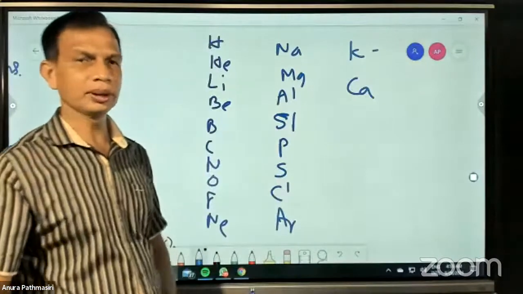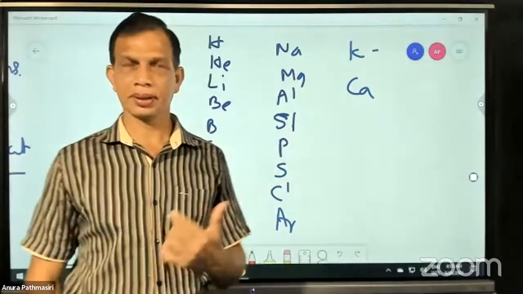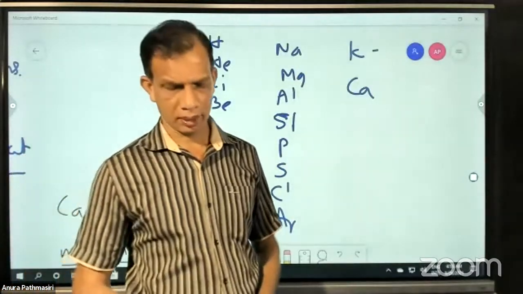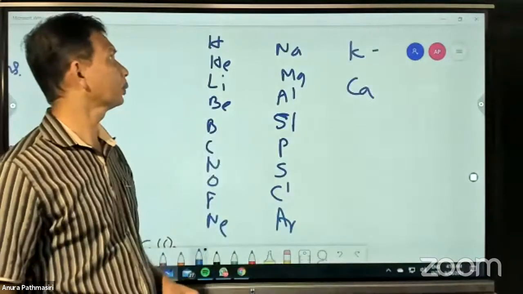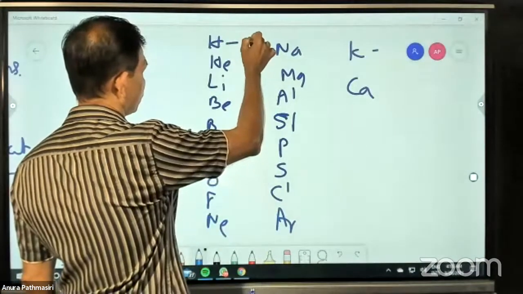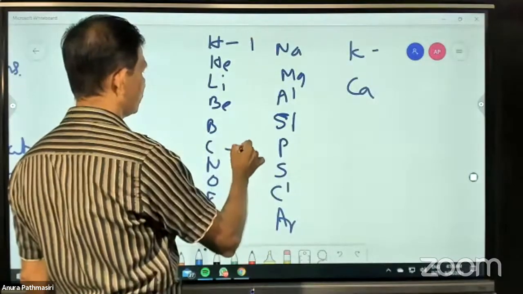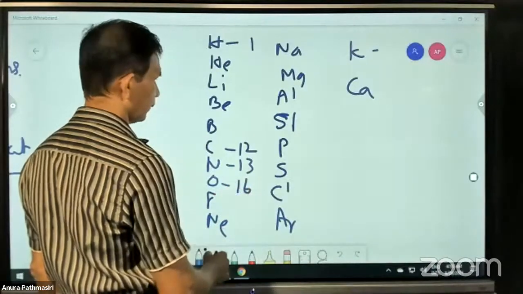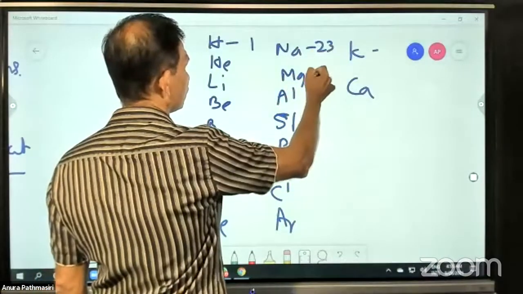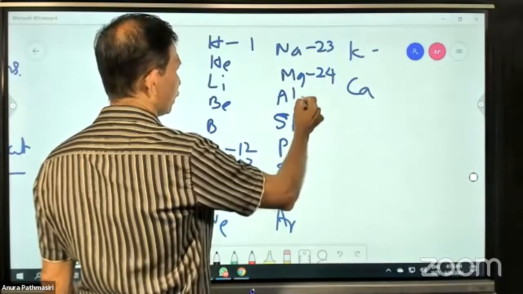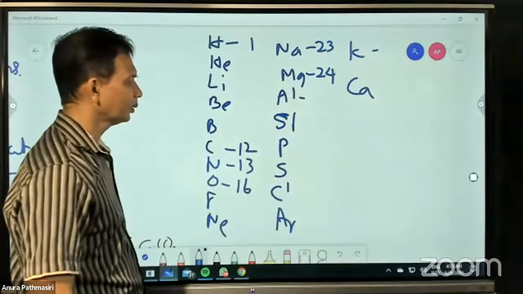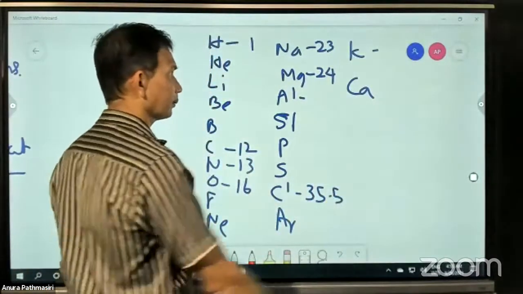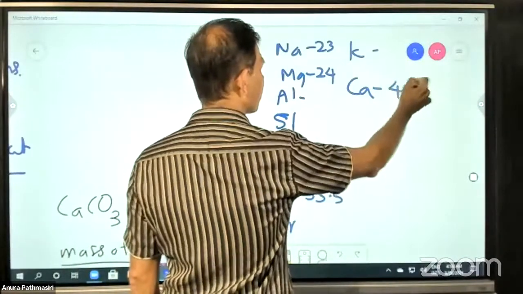All these relative atomic masses are given to us. Among them, some are important: hydrogen 1, carbon 12, nitrogen 14, oxygen 16, sodium 23, magnesium 24, aluminium 27, chlorine 35.5, calcium 40.